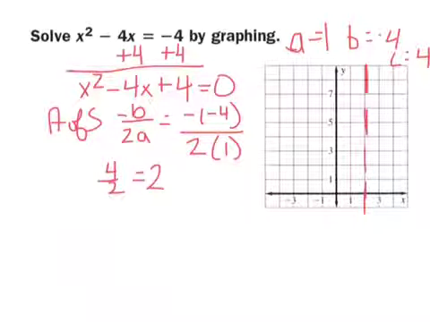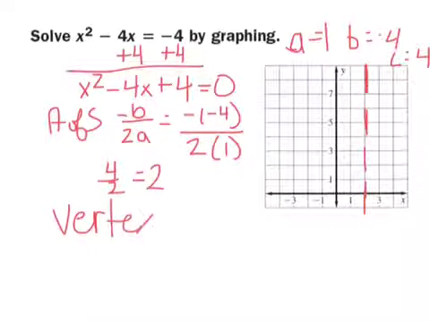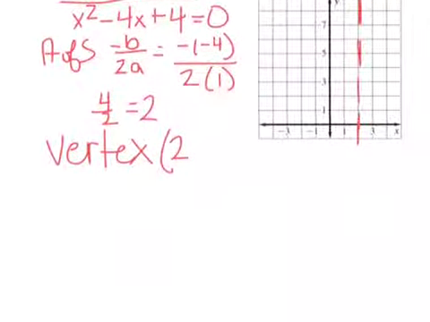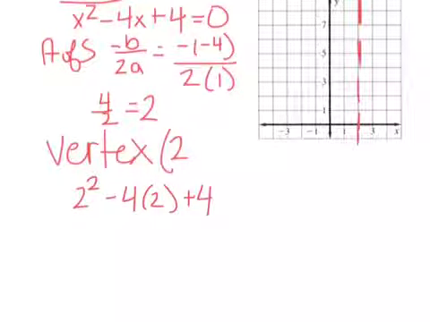Okay, so after I find the axis of symmetry, remember you found the x-coordinate of your vertex, so your next step is to find the y-coordinate of your vertex by plugging that 2 into your equation. So my equation is going to become 2 squared minus 4 times 2 plus 4. 2 squared is 4.